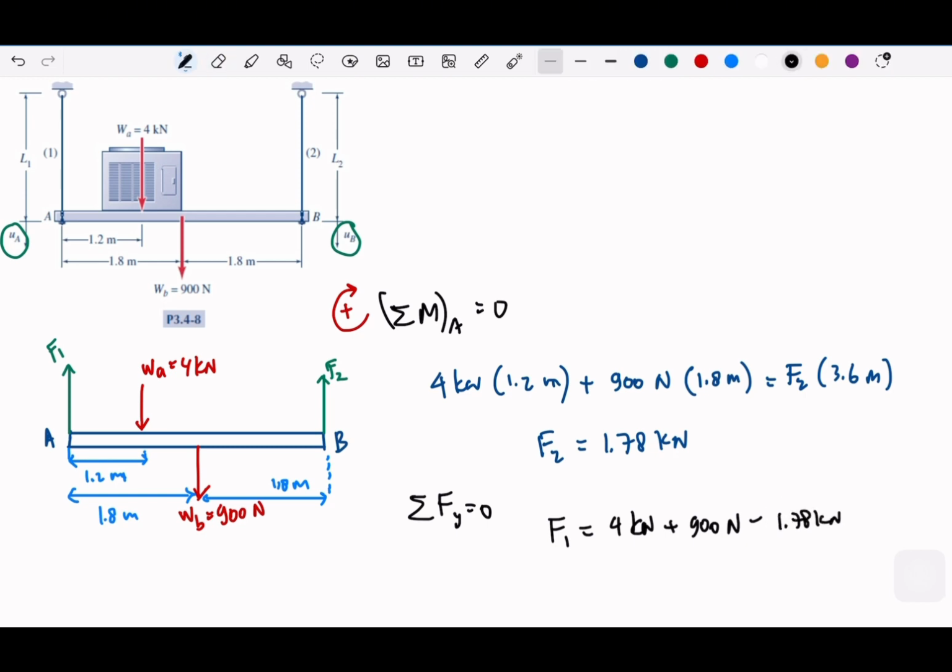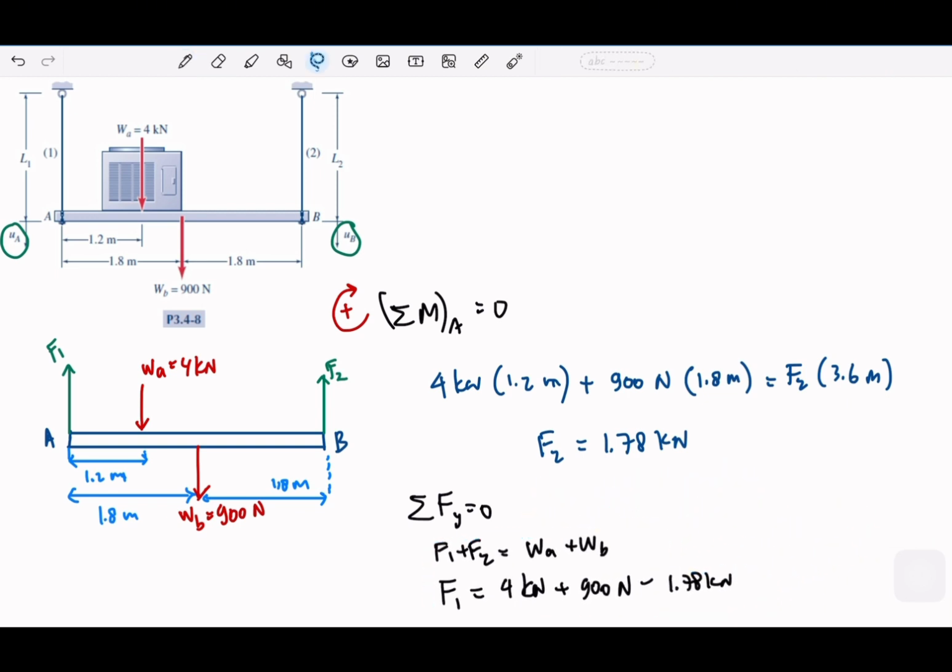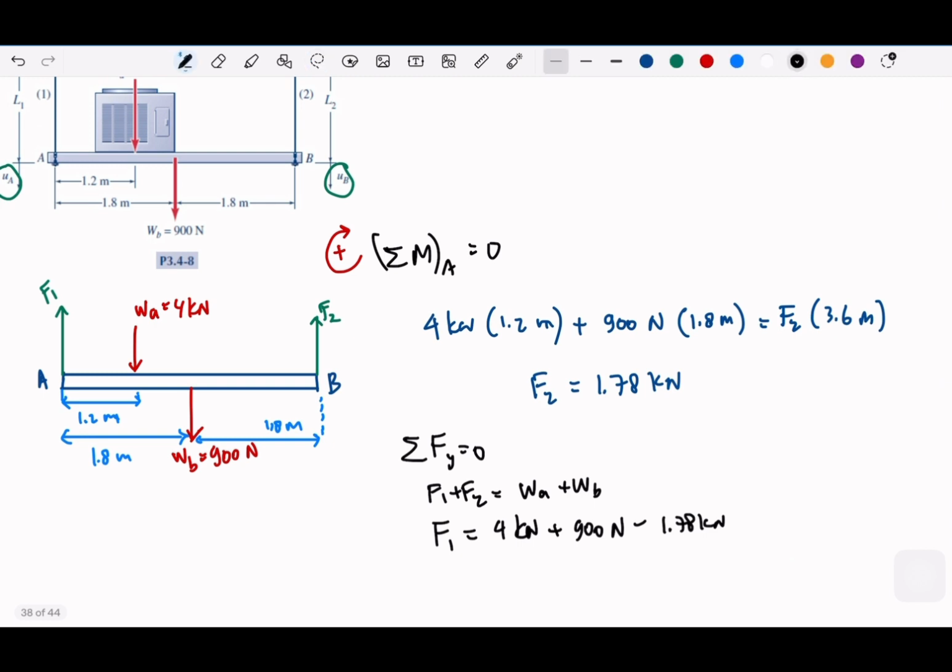Or let me write F1 plus F2 is WA plus WB. So F1 is 3.117 kilonewton.